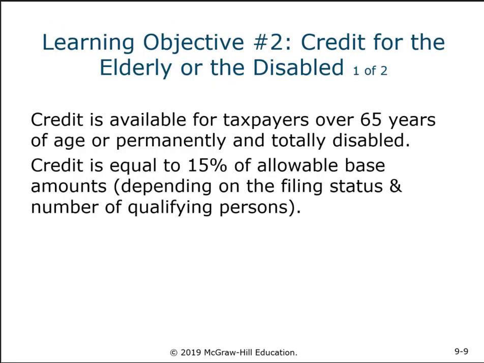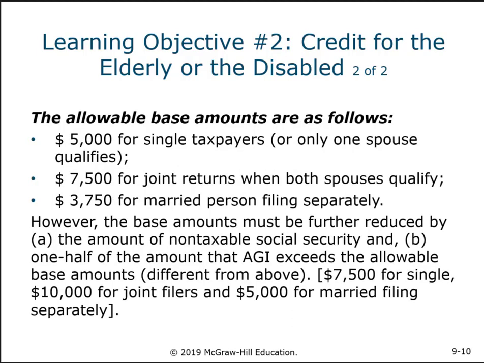There's also a credit if you're over 65 or permanently and totally disabled. Okay, 15% of the allowable base. This is very rare because of Social Security. Most of those folks over 65, because of Social Security, receive a lot more than what would qualify for this credit. Notice how low these amounts are, okay? And if Social Security pushes you over that, then you're not going to qualify.